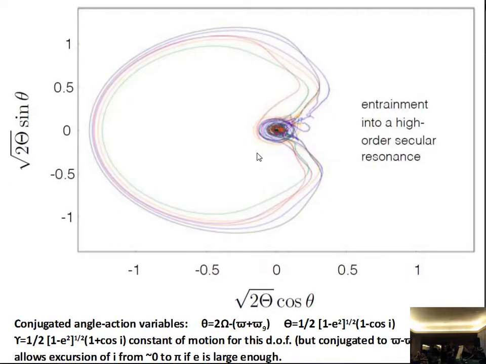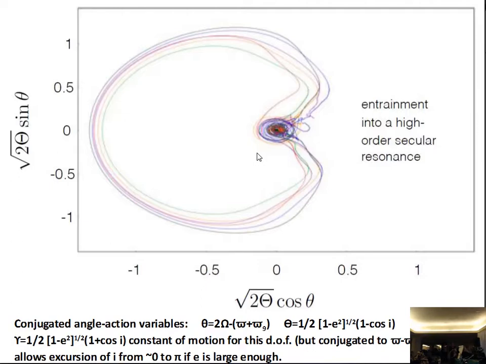The resonance has this critical angle: 2 times the longitude of the node of the TNO relative to planet 9, not the ecliptic, since the ecliptic has no dynamical meaning, minus the sum, not the difference, of the longitude of the perihelion. This angle is conjugated to this action, and this is the portrait in action-angle variables. We see that the evolution of the action is perfectly correlated with the evolution of the angle, and the slow motion of this angle theta is the one that drives the action to very large values.